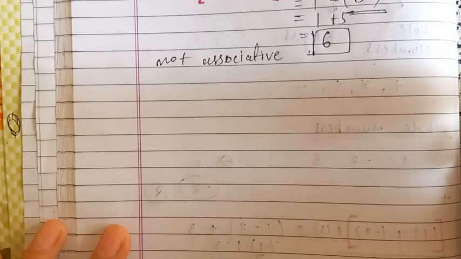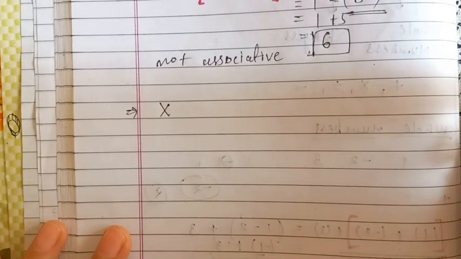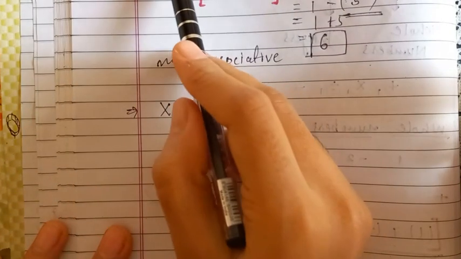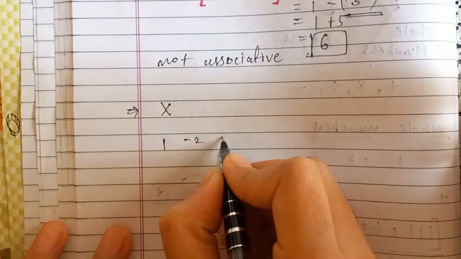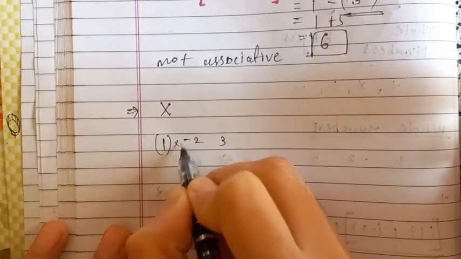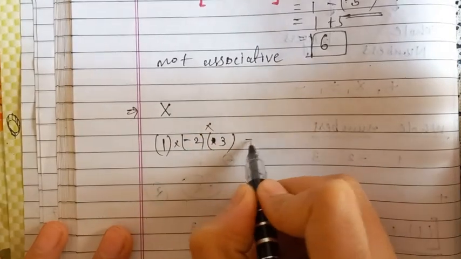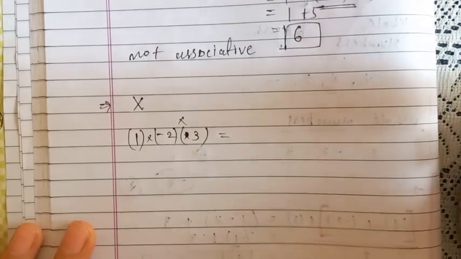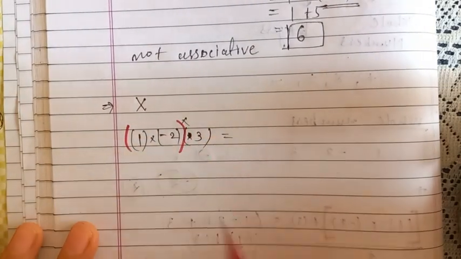Now for multiplication. We again take the same numbers, 1, -2 and 3. Now take multiplication of these three. First we make a group of this and this.